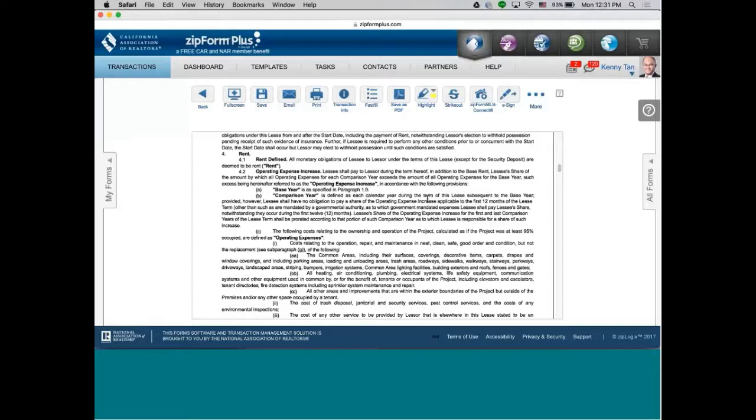If you sign the lease in 2017 and the landlord makes 2016 the base year, then 2017 shall be the first comparison year. Because if you sign the lease on January 1st, 2017, and the landlord makes 2016 the base year for comparison purposes, then everything shall be compared to what's happening in 2016.